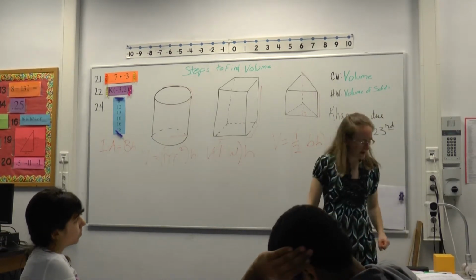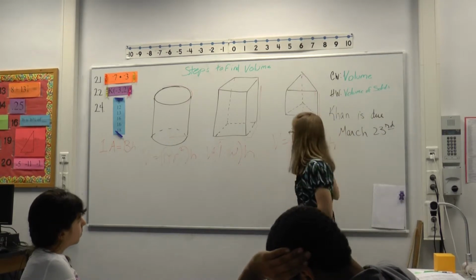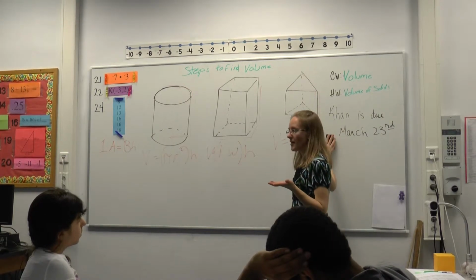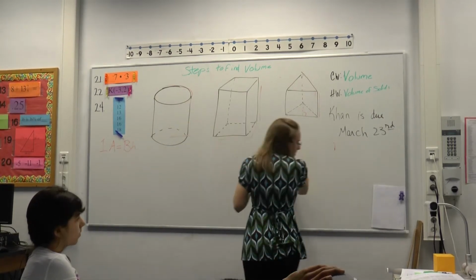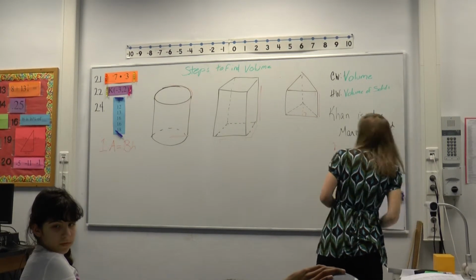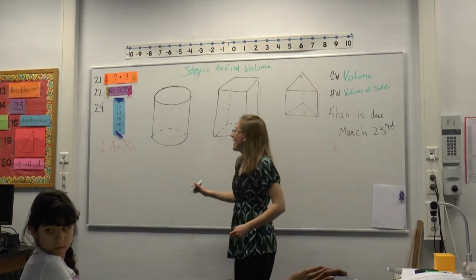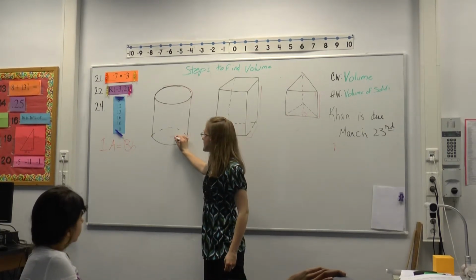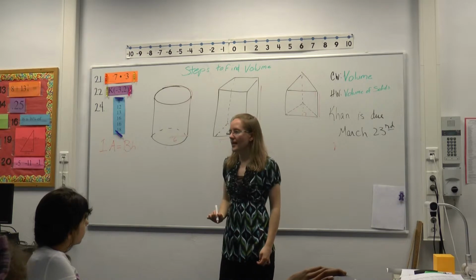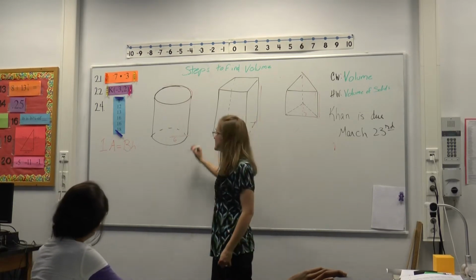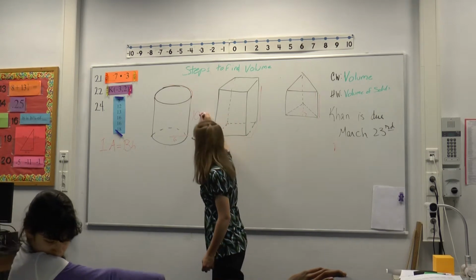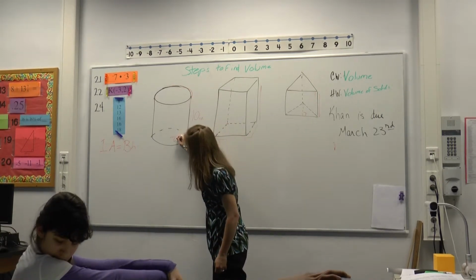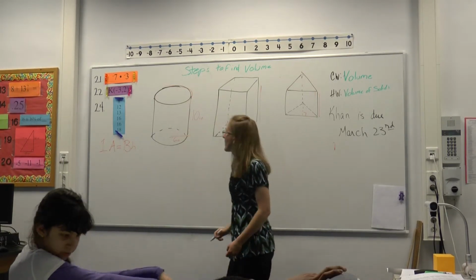All right, let's practice. I'm going to erase these formulas, but you have them on your paper. If I had the radius of this circle be 6 and the height to be 10, we need units. How about inches? Units are important.